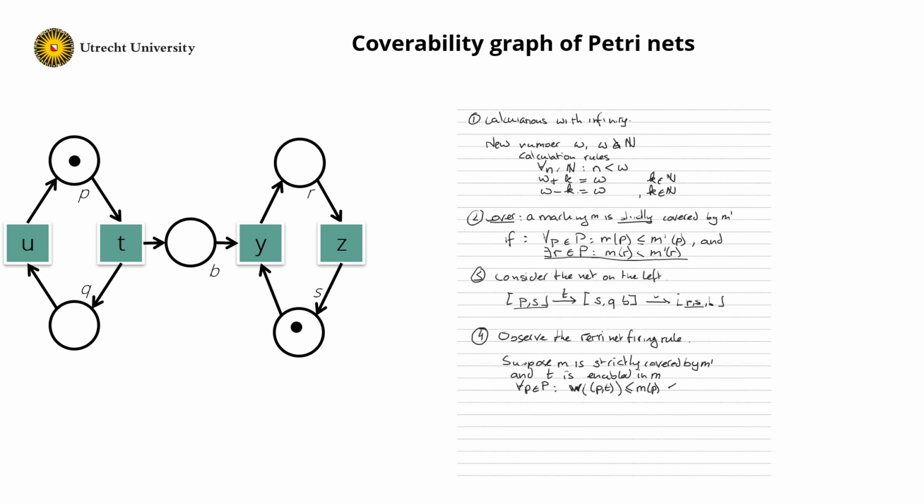Hence, M prime of P is greater than or equal to the number of tokens in M of P.